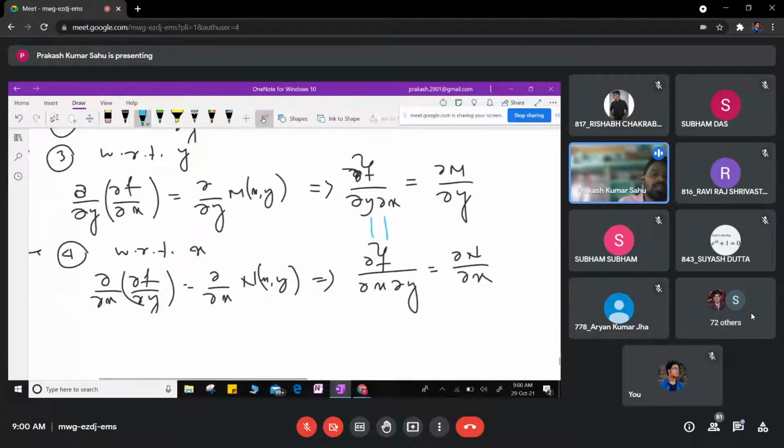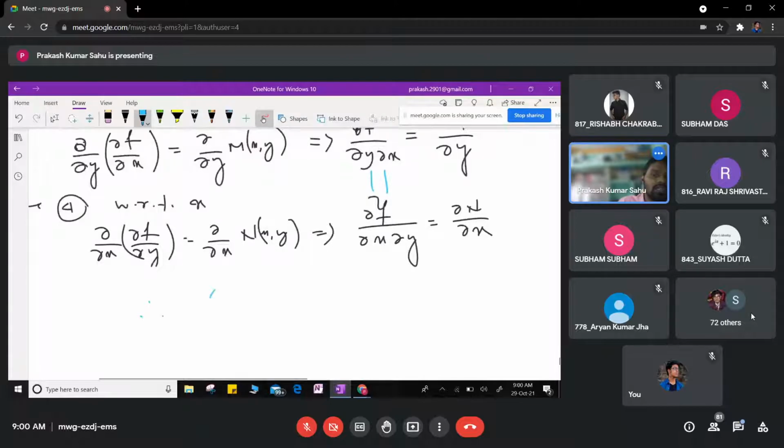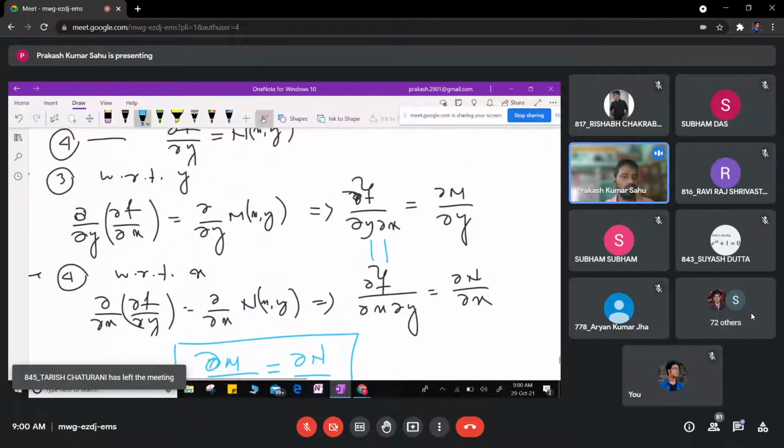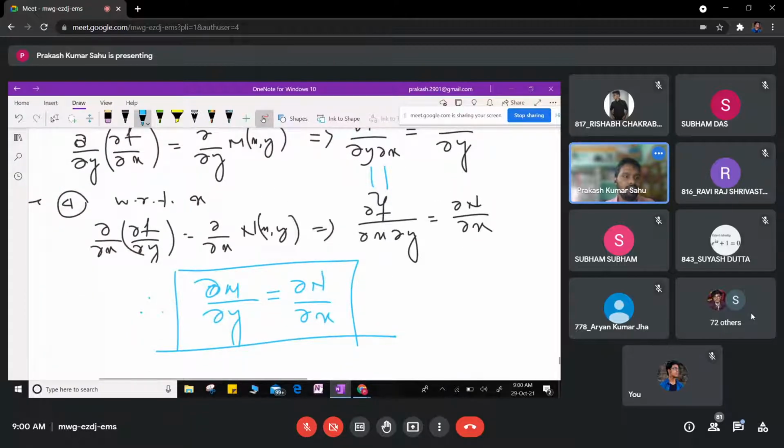If these two are equal, then we can say del M by del y is nothing but del N by del x. And this is the condition of an exact differential equation. Understood? This is the condition of an exact differential equation. Got it? Yes, sir.